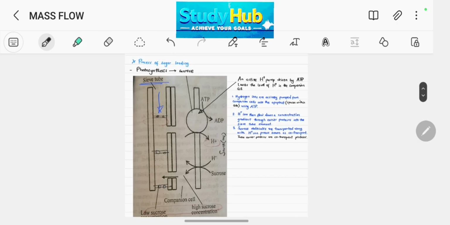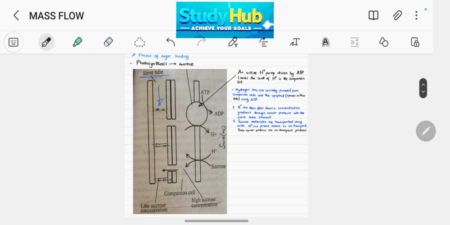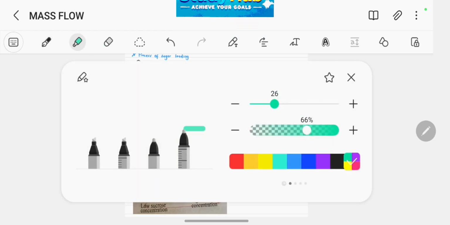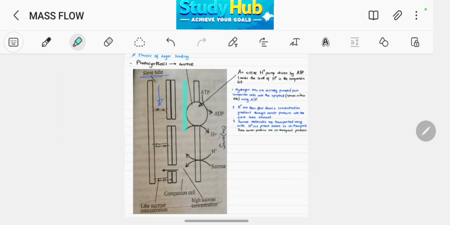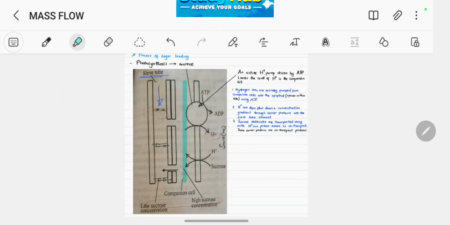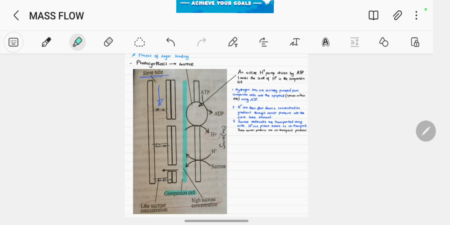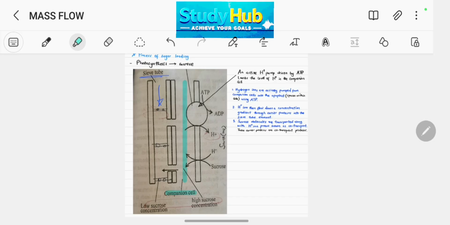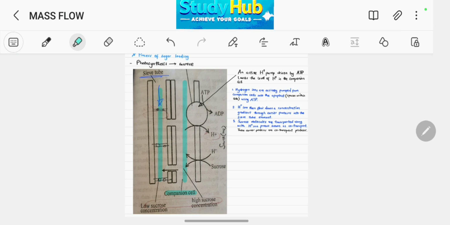Then we have cells that are lying within this region. Cells that are lying within this region, we shall call companion cells. Then these are the sieve tube cells.